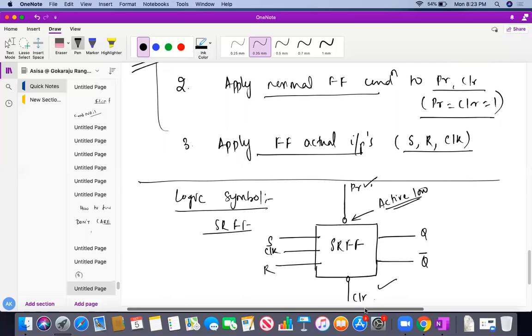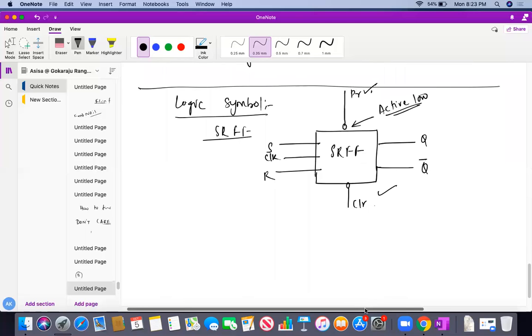Now tell me, for this particular condition, what would be my preset and clear for this particular flip-flop? In order to set, what do I need to do, students? As I know that if preset equal to 0, let's say I want to set.